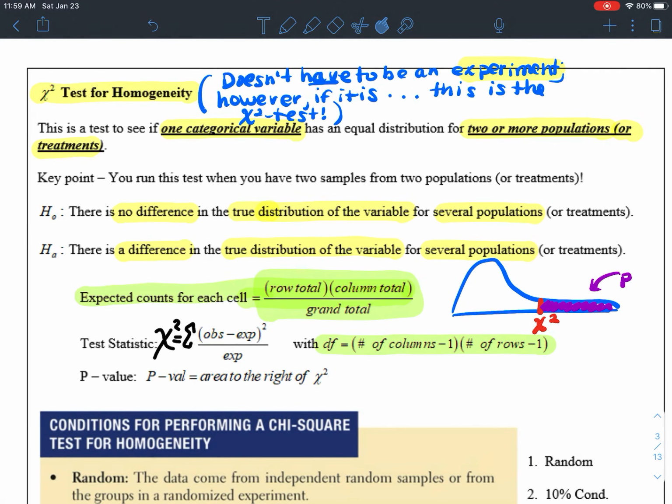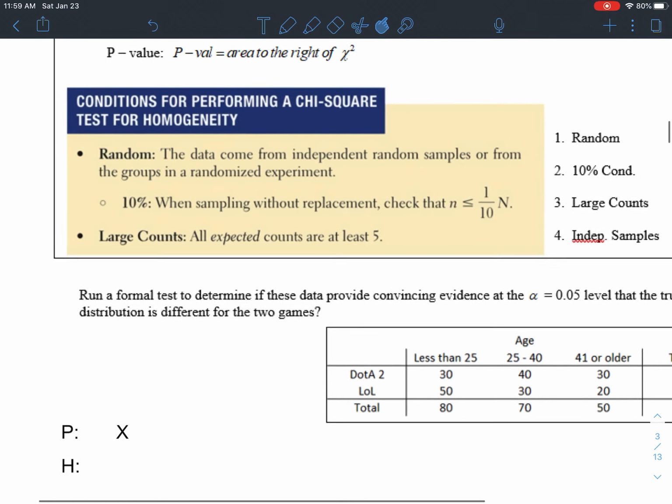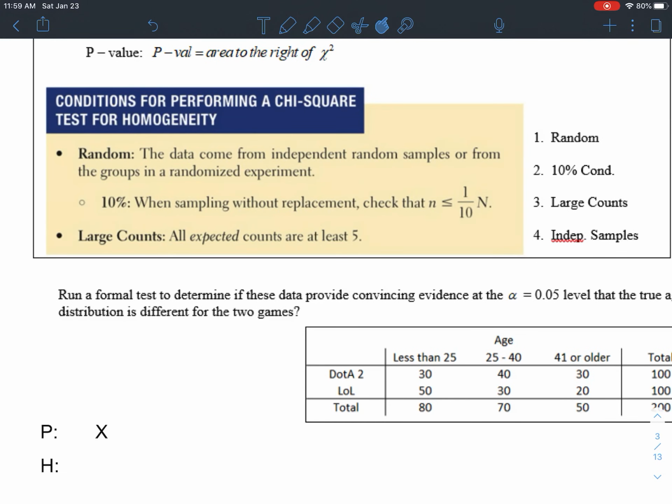Okay, so let's go ahead and talk through what the conditions are for performing this chi-square test for homogeneity. You're going to notice a lot of these are familiar, but particularly when we studied in the last chapter, chapter 10, about comparing two samples, one from each of two populations, we had this added fourth condition we had to check, making sure that each of the two samples that we're drawing are independent of one another.